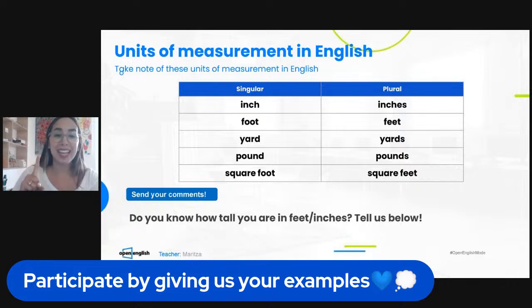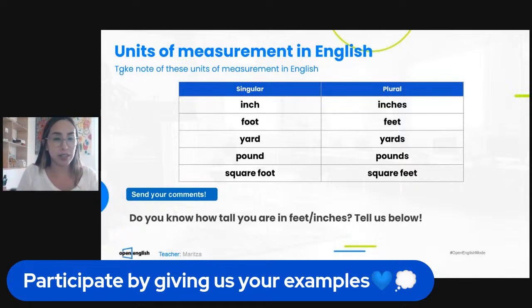So we use inches. Here we have the singular, 1 inch. 1 inch is like the size of my thumb. Inch, or if it's more than 1, inches. Number two, we use a unit of measurement called a foot.